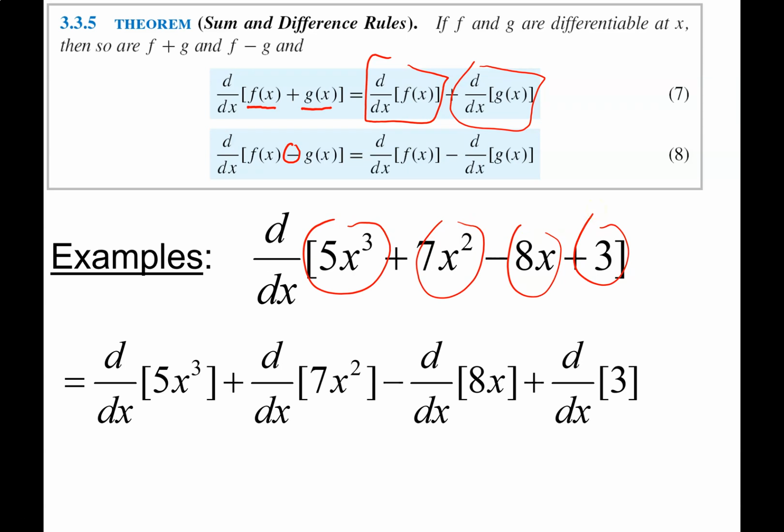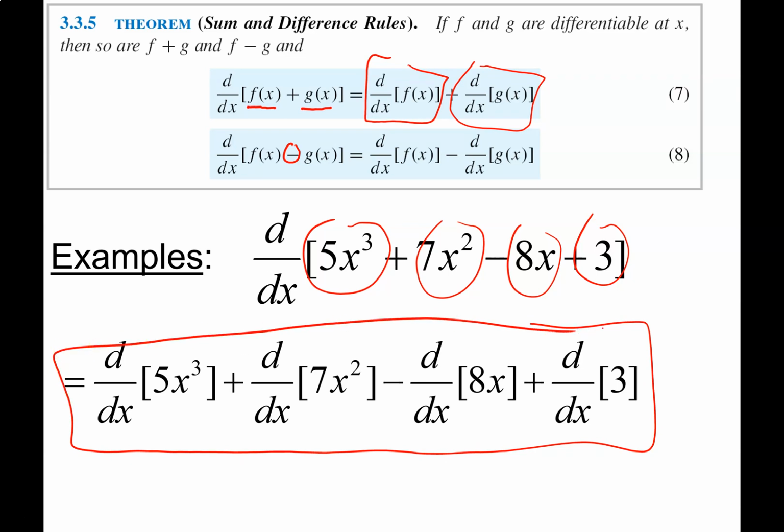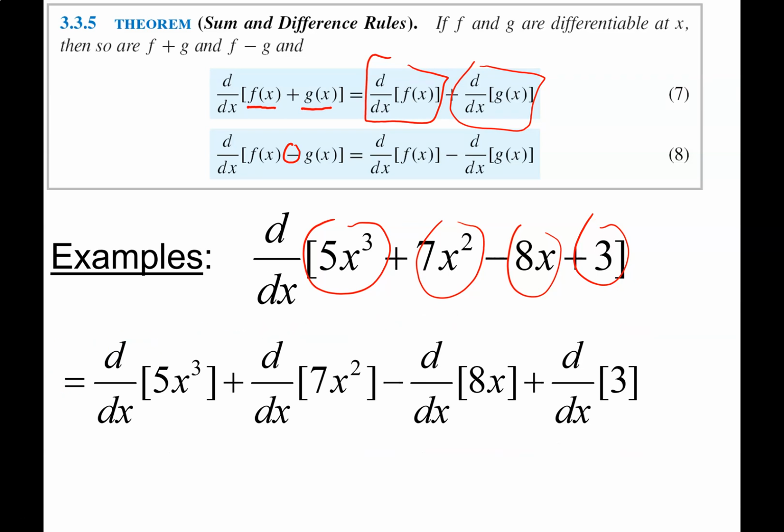Now, that being said, this step that I've written here, I normally wouldn't write, just because doing the power rule in your head is so easy. I can take the 3 times the 5 and get 15, drop the power. So my hope is that you can go straight from here to your final answer, but this is the actual process that's going on, deriving it term by term.